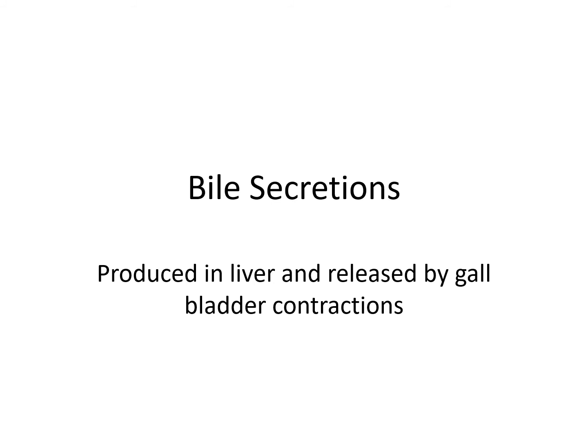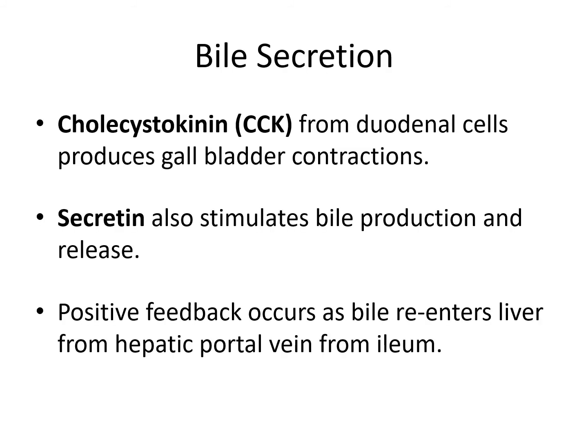Okay, now let's go back to controlled secretions. Okay, let's look at bile secretions. Remember, bile is produced by the liver, stored in the gallbladder, and released by the gallbladder through its contractions.